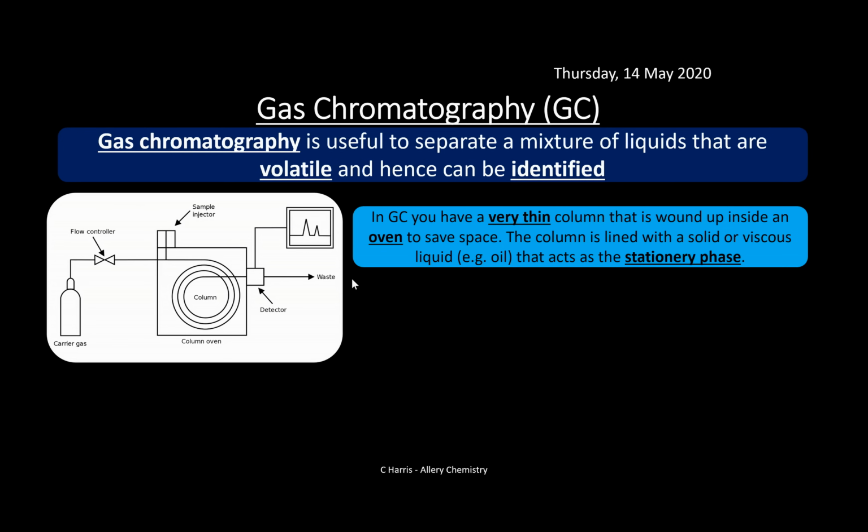to save space, and the column is lined with a solid or viscous liquid such as an oil, and this actually acts as the stationary phase. Obviously that should be an A. Don't spell stationary like that with an E, that's if you're looking at pens and pencils. So this should be an A, so I'll get that changed. So stationary phase. You can see here, here's our very, very thin column, which is in here, and lined in that column there, we have a very thick liquid that's lining it.